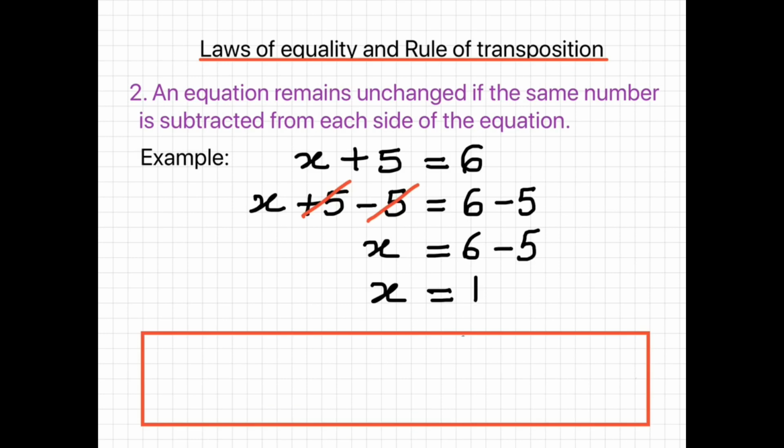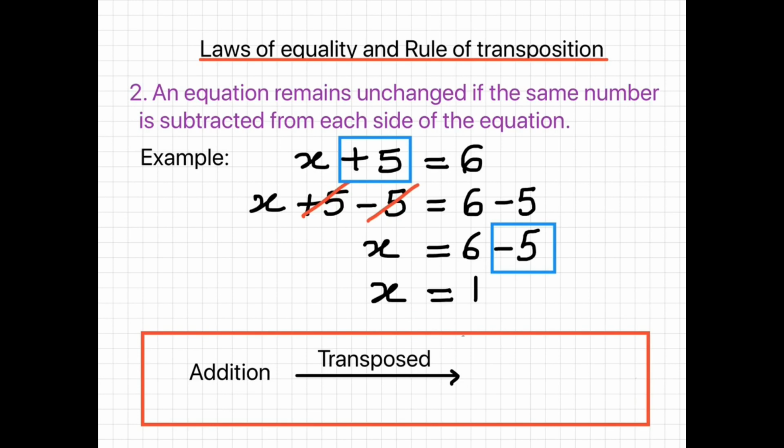We have got the value of the variable as 1. Now you can see that plus 5 has become minus 5 on the other side. Hence, subtracting 5 from both sides is same as transposing plus 5 to the other side by changing its sign. Hence, when a number is added on one side, when transposed to the other side, it is subtracted.